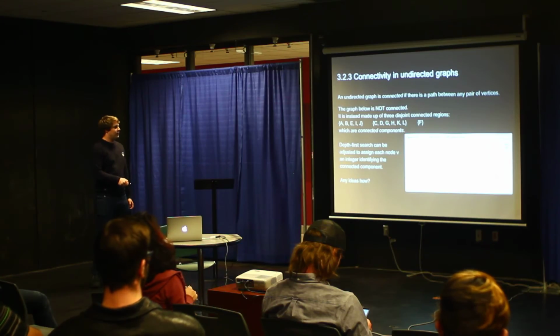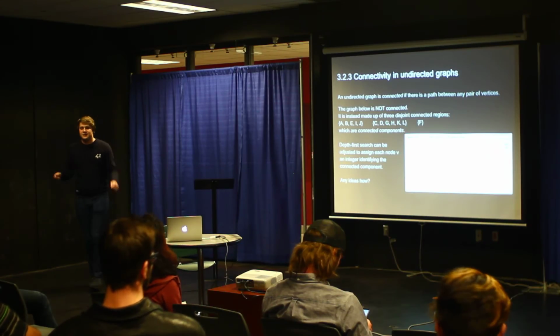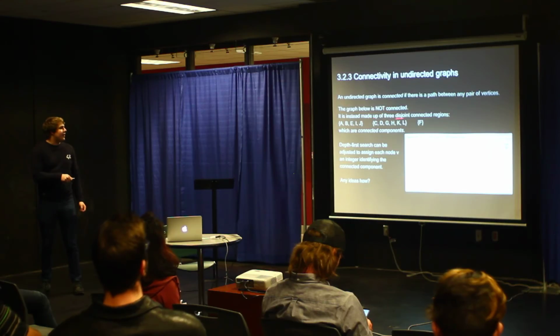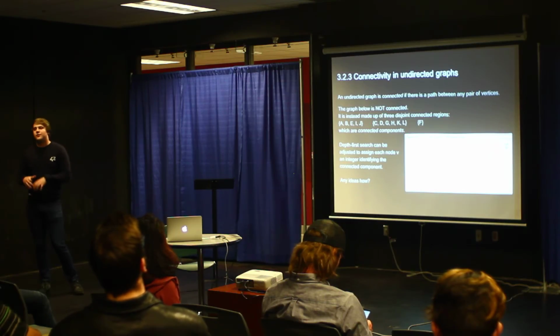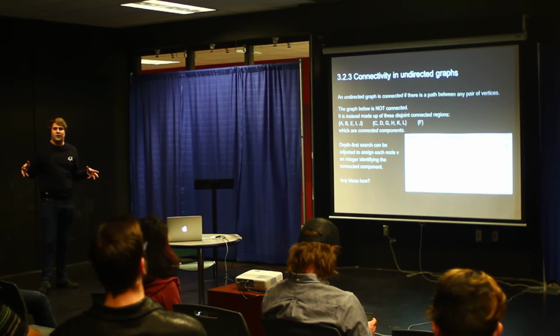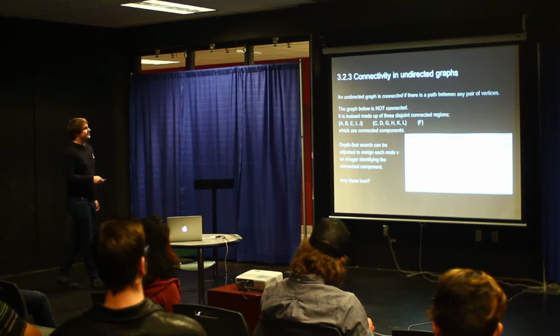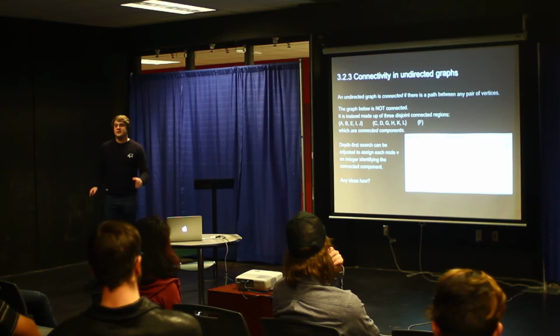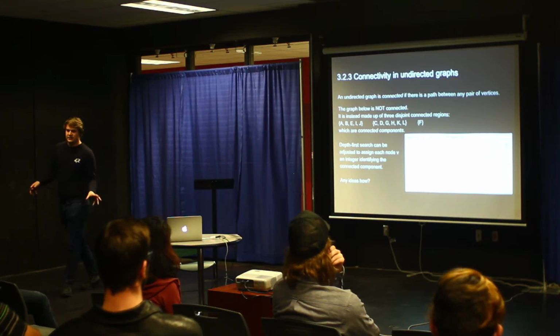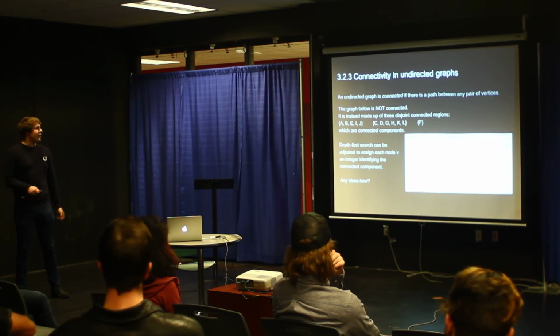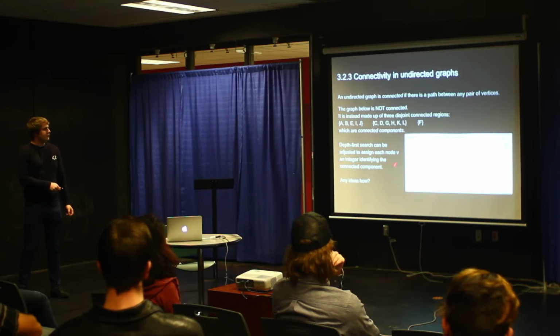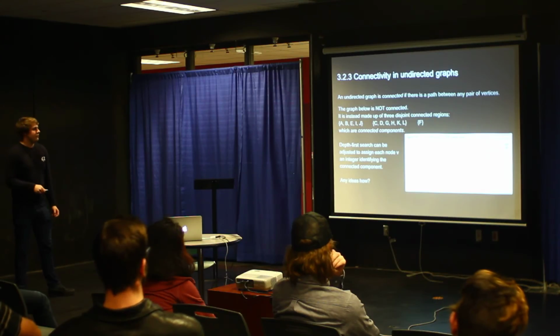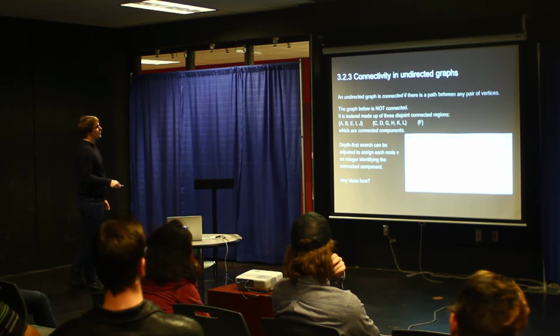So 1, 2, 3. And you could actually write them out. This would be another way of thinking about this graph, as these 3 disjoint connections. And we're going to call those connected components. The connected components of a graph sum up to be all of the different parts of it, with each part being defined as pieces that are connected.